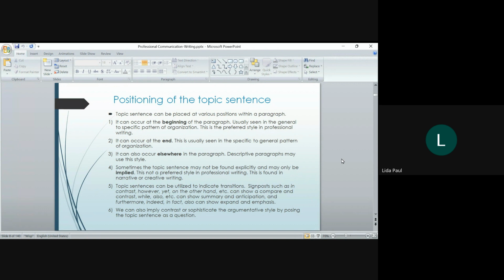But for our purpose, because we are talking about professional writing, the topic sentence has to be always in the beginning of the paragraph, right? Then there are certain methods that talk about the ways in which you can write a topic sentence, but I think we'll skip it for the time being. We'll do it when we are practicing writing it. I think it will make more sense there.